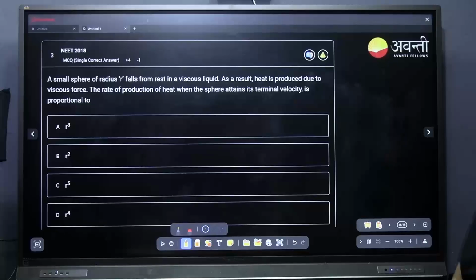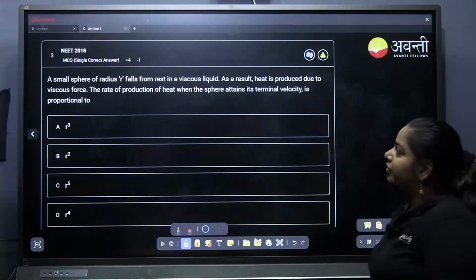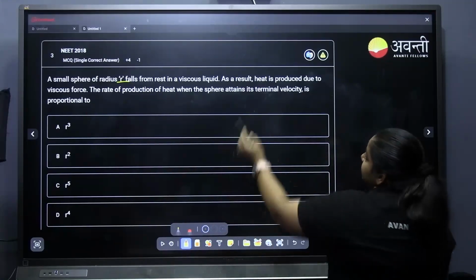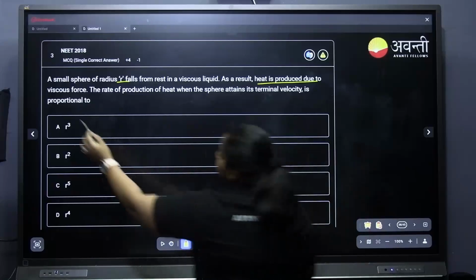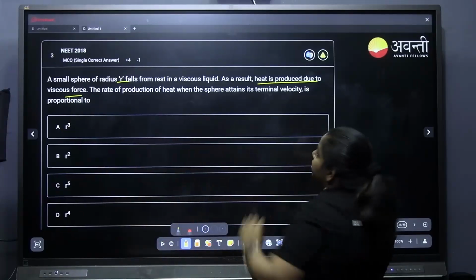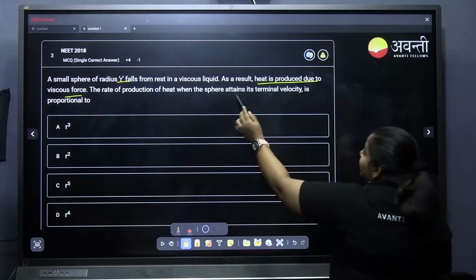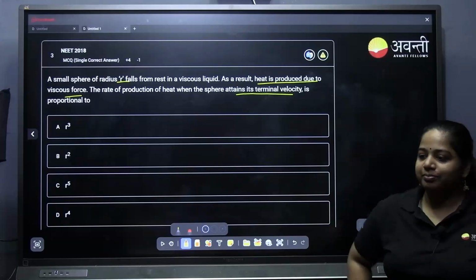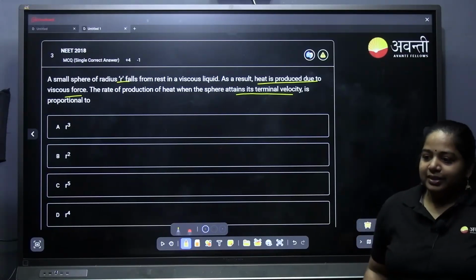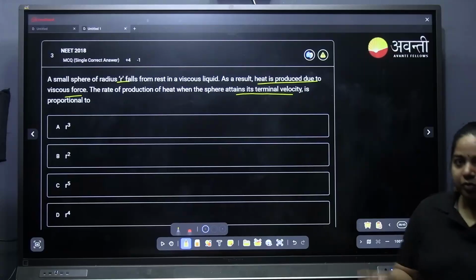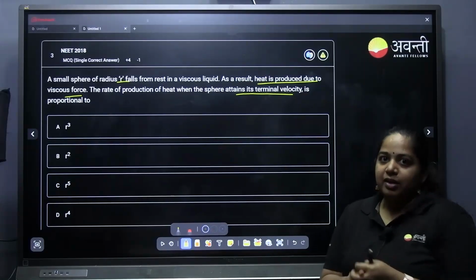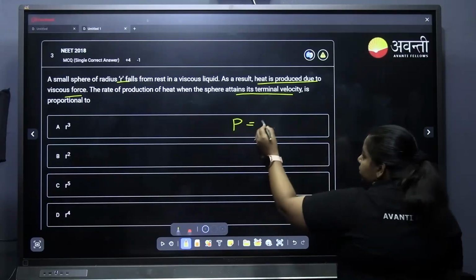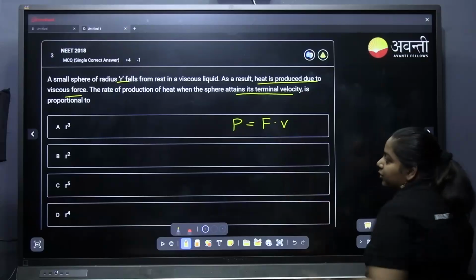Moving on. There is a small sphere of radius r falling from rest in a viscous fluid. As a result, heat is produced due to viscous force. The rate of production of heat when the sphere attains terminal velocity is proportional to what? So actually we need to know one more formula for this. If force is given, power is equal to force into velocity.